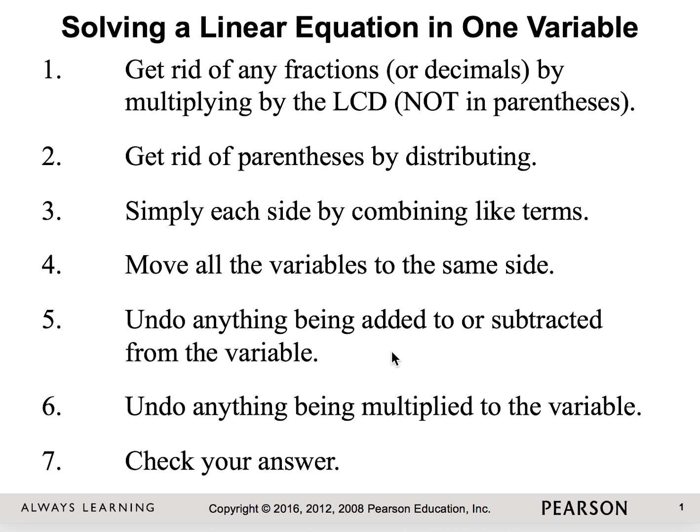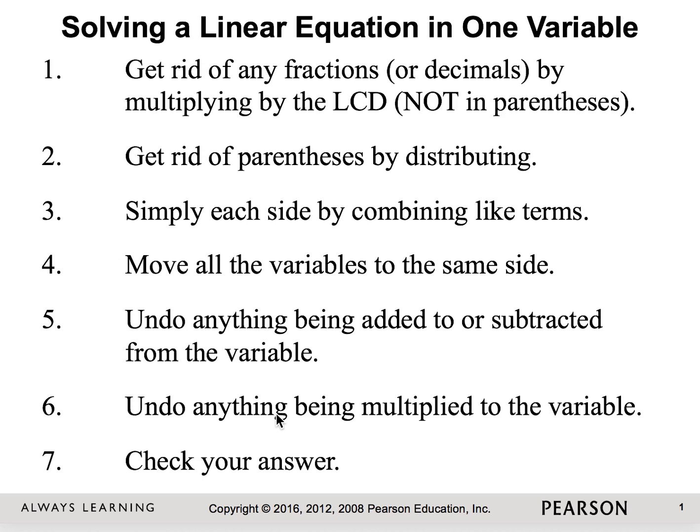We're going to undo anything being added to or subtracted from the variable. To undo things, remember you perform the opposite operation. So if something is being added to your variable, you subtract it, and you do that to both sides. If something is being subtracted from the variable, you add it to both sides.